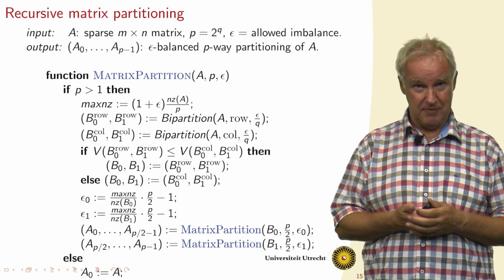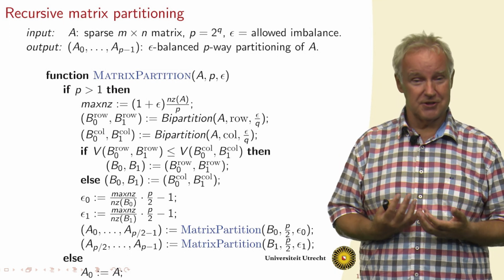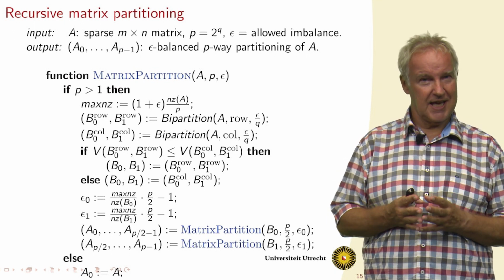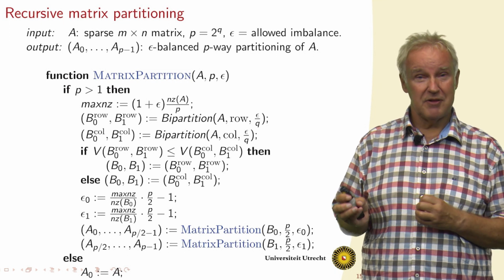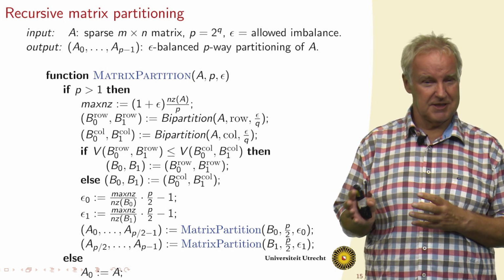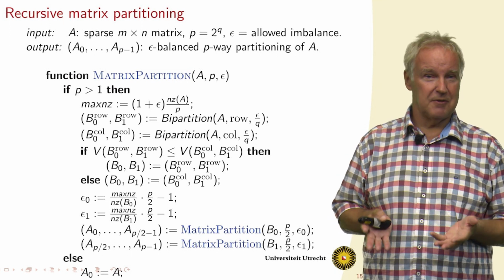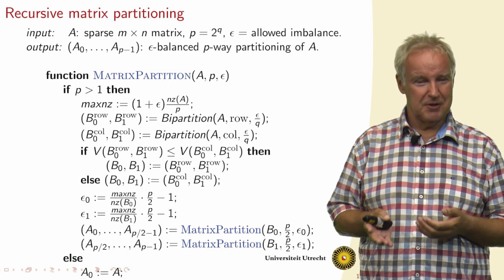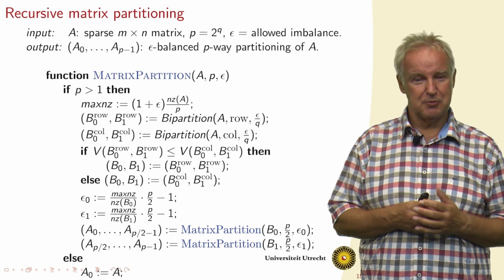Here's the algorithm that we can formulate based on the ideas that I just explained. Note, we have a matrix A, which we want to split into p parts with an allowed imbalance of epsilon. If p equals 1, we don't have to do anything. So in that case, at the bottom, you see the input matrix just becomes the output matrix.